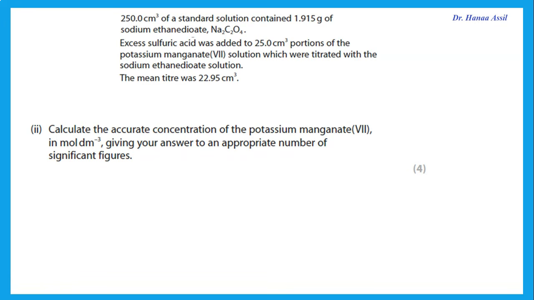And this was titrated, and we needed 22.95 cm³ of the solution that we're titrating with in the burette, and we're given the ionic half equations involved. So, what's the first thing we should do?